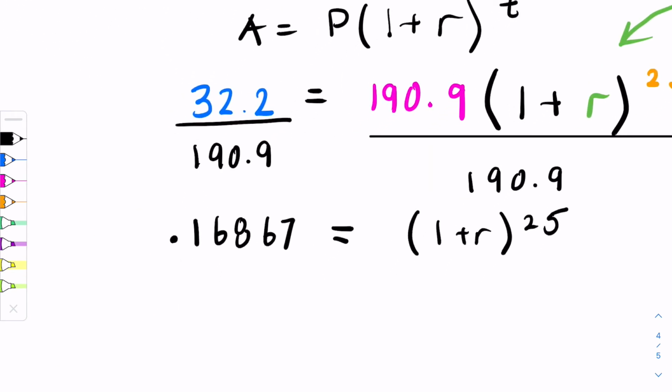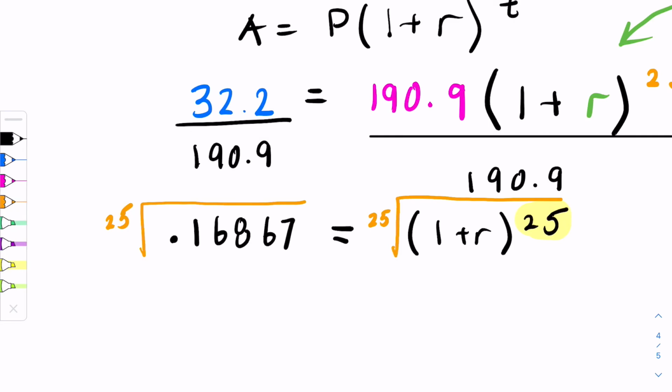Well, if you remember from solving earlier, if you have an exponent, you can, for lack of better terms, undo that exponent by taking the radical. We are looking at 25, so if we take the 25th root of each side, we are going to, again, just for lack of a better term, undo that radical on the right side.